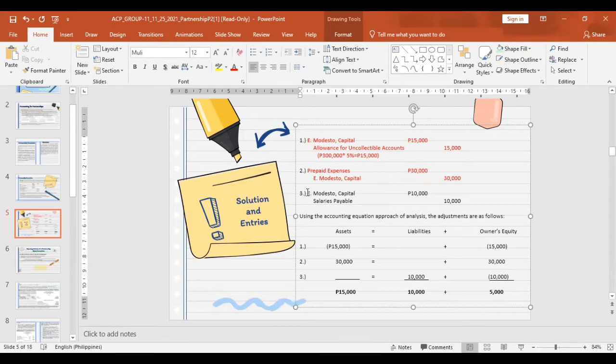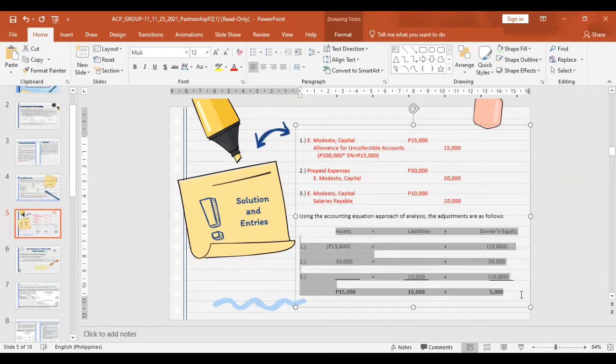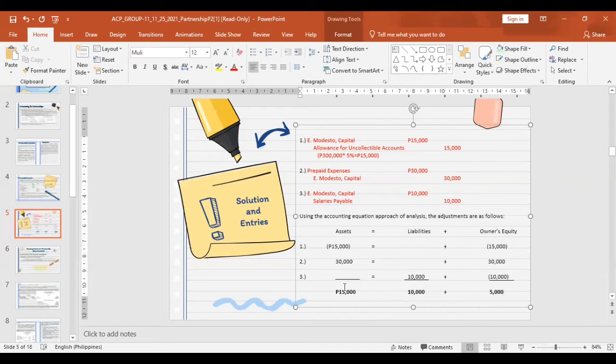Since credit balance naman yung normal balance ng capital, i-debit mo siya para less. So ayun, niless niya na 10,000 kasi expenses 'yan. So using the accounting equation, ganito ang mangyayari. Ayun, para balance pa rin. So yung asset mo, nadagdagan ng 15, yung liabilities, nadagdagan ng 10. Yun na 5,000 na nadagdag sa equity.